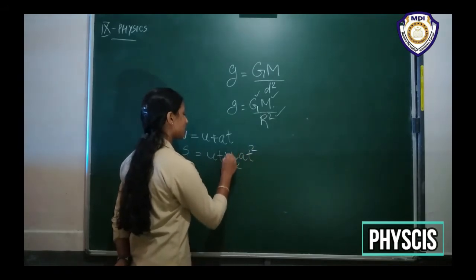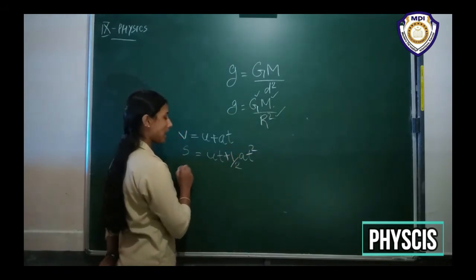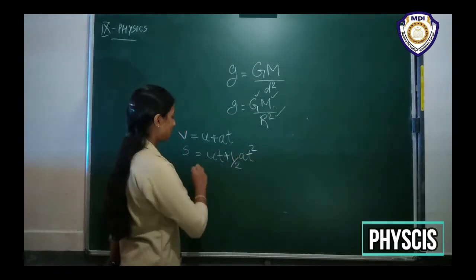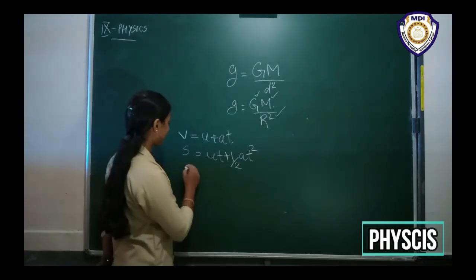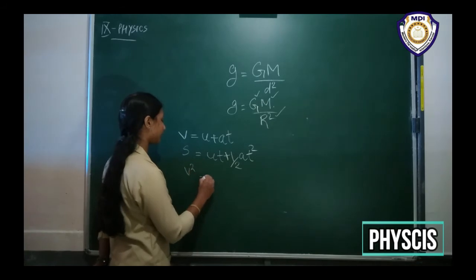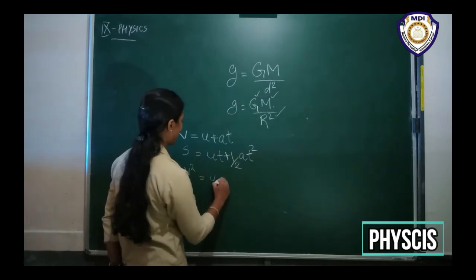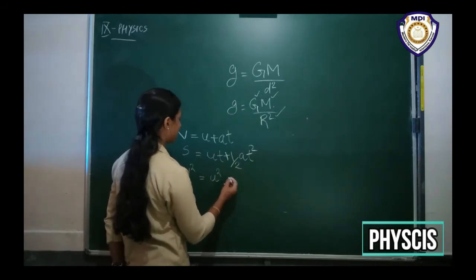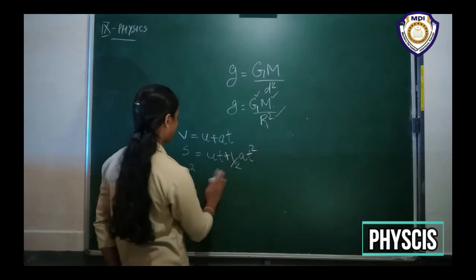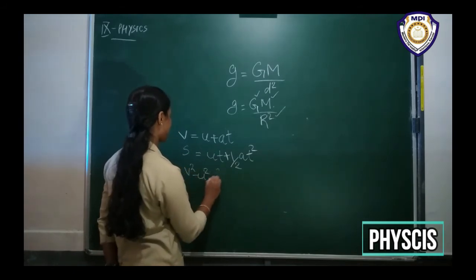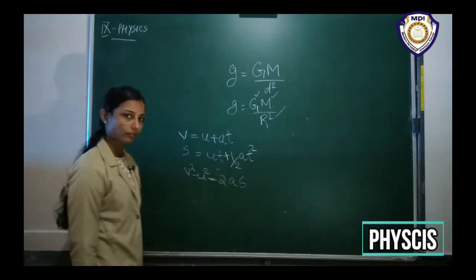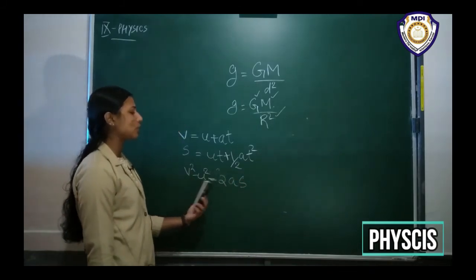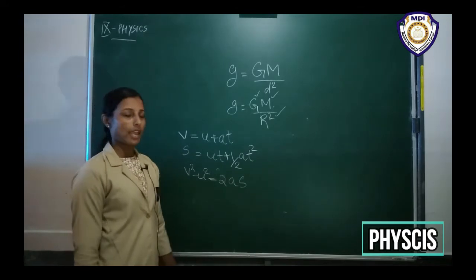And the third one is 2as equal to v square minus u square, or we can write v square is equal to u square plus 2as.